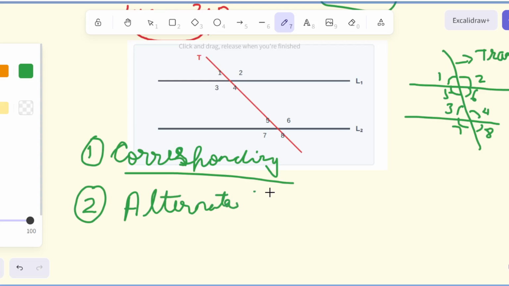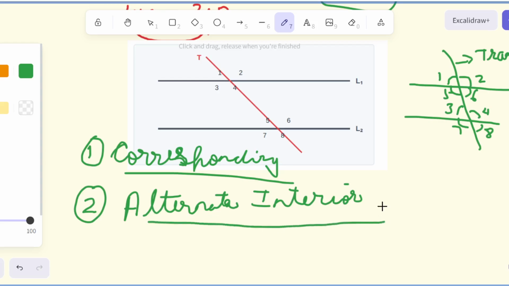Alternate interior angles, right? As the word says, interior, they will be inside the parallel lines, like 3, 4, 5, 6. And the word alternate means they will be on different sides. So like 3 and 6: one is on this side, one is on this side.